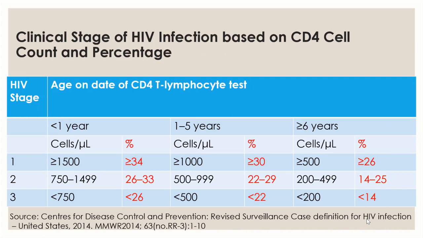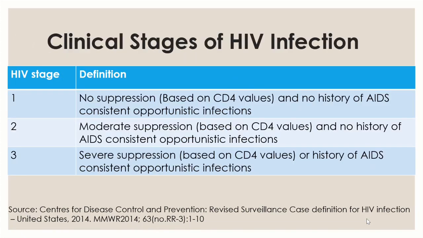This is a table showing the clinical stage of HIV infection, which is classified into stage 1, 2, and 3 based on the CD4 cell count and percentage according to the different age groups. This is another table showing the clinical stages of HIV infection.